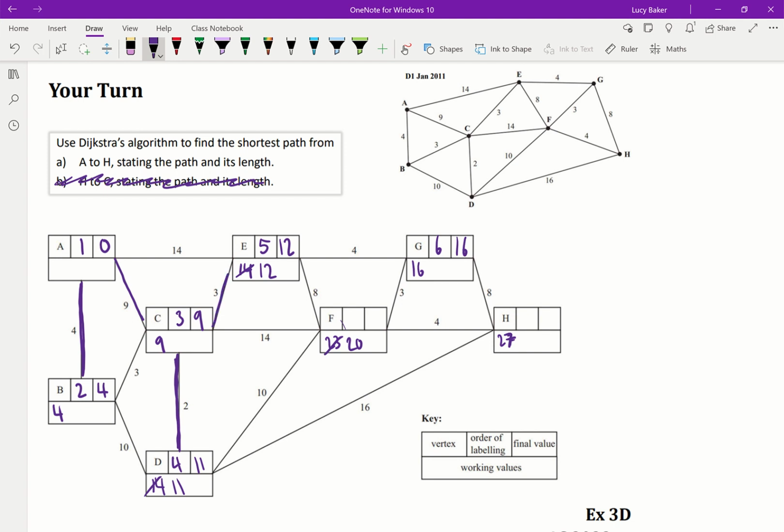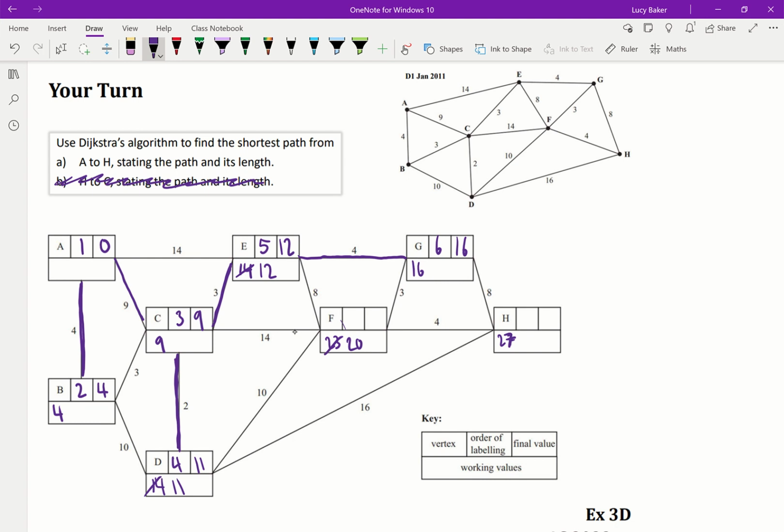Sorry, I'll just label this path here. So I got from A to E in 12 by going down to C in a distance of 9 and up. That arc has a distance of 3. And I went to G along this arc over here, so it's quite good to keep labelling these on.